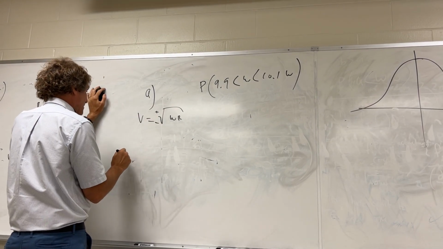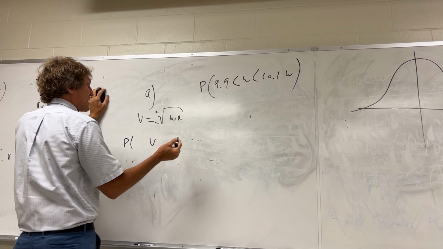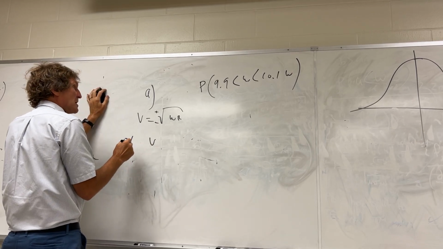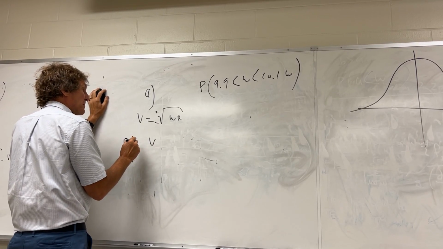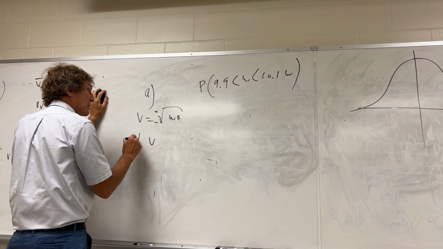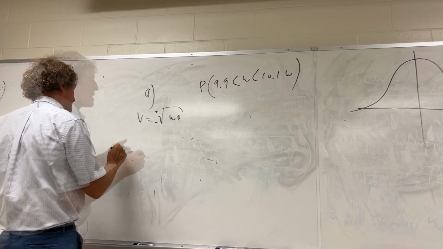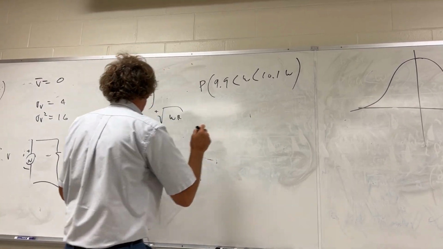It's the same thing as the probability of the voltage being greater than minus the square root of the power times 10.1. Let me do it this way. Matter of fact, I'll do it right like this.